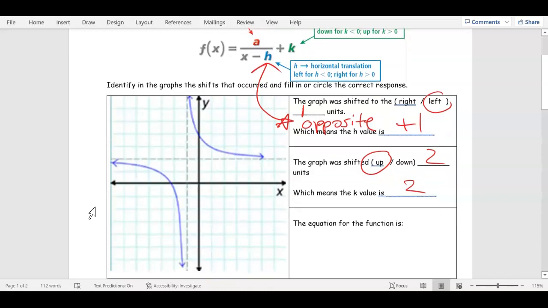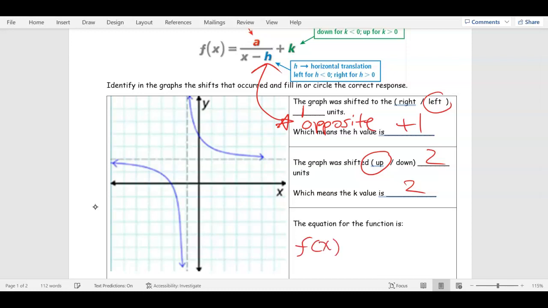So here's how you write it. Is everyone looking at this? You're going to do this today. F of x, go and write that down. F of x equals. Good. So we're going to use 1 on top. I know it says A on the formula, but it's a 1. It hasn't been shifted, hasn't been stretched or compressed. On the bottom, we put x, and then we put the opposite, right?